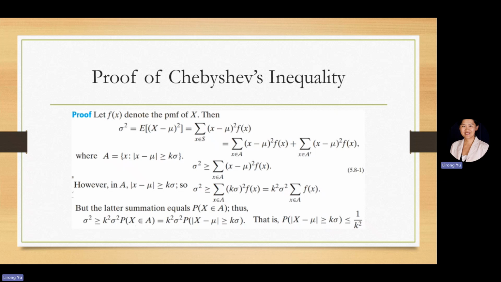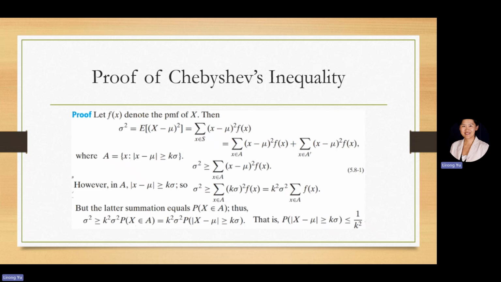Here, k should be larger than 1. So you cannot make k equal to 1. If k equals 1, this inequality doesn't bring any information, because probability is less than 1, it's natural, right? Probability of anything is less than 1. So that's why we don't want k to be 1. Anything bigger than 1 is useful.